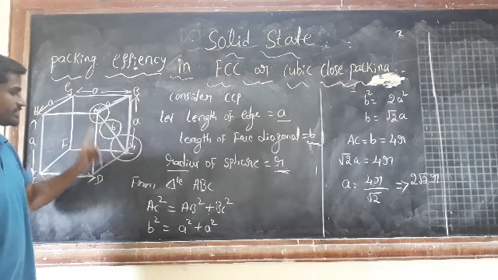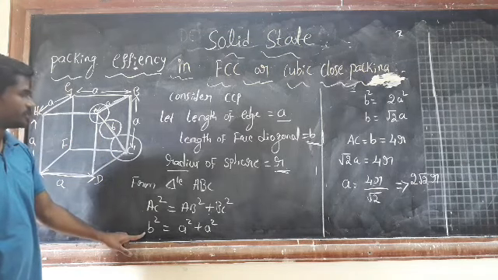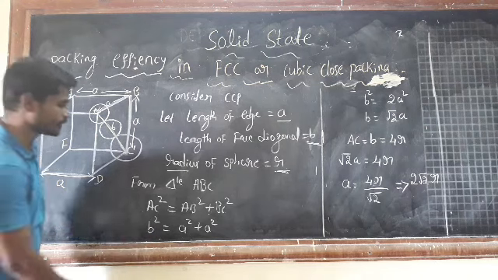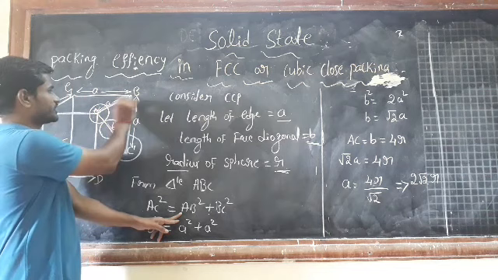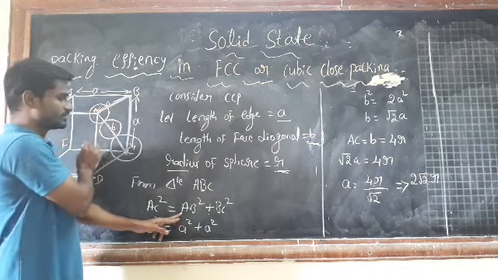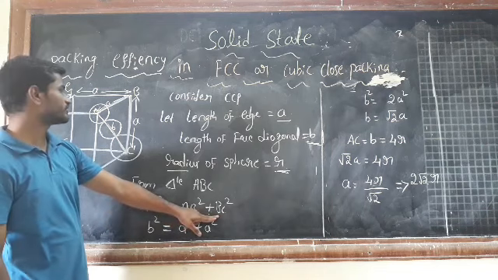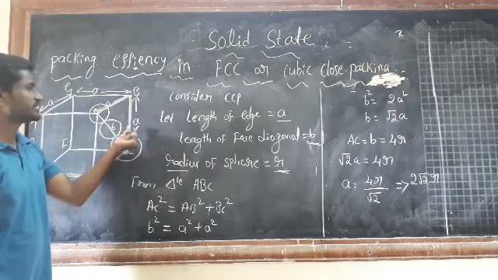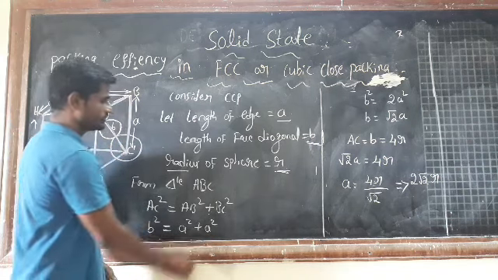AB square is A square and BC square is also A square.